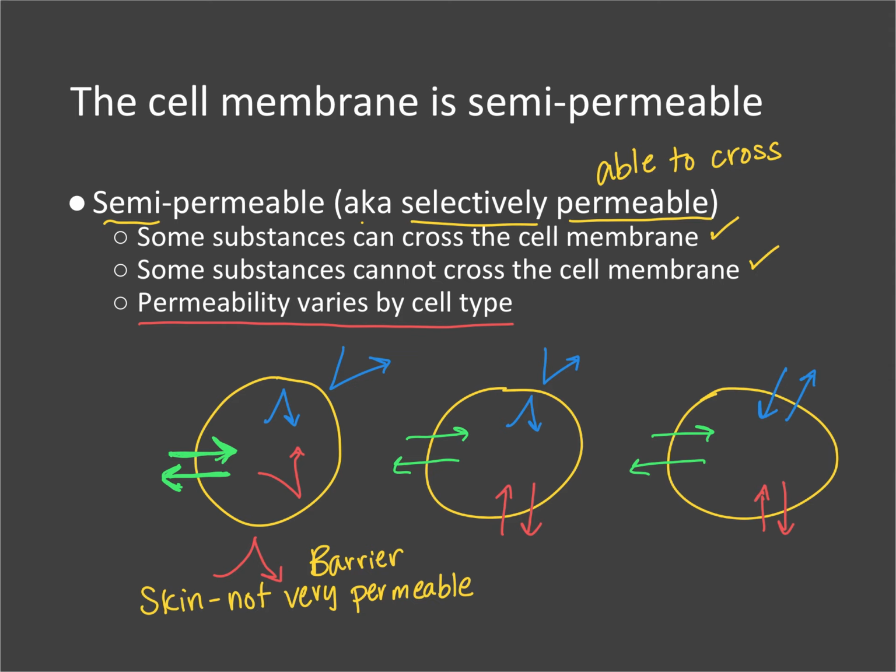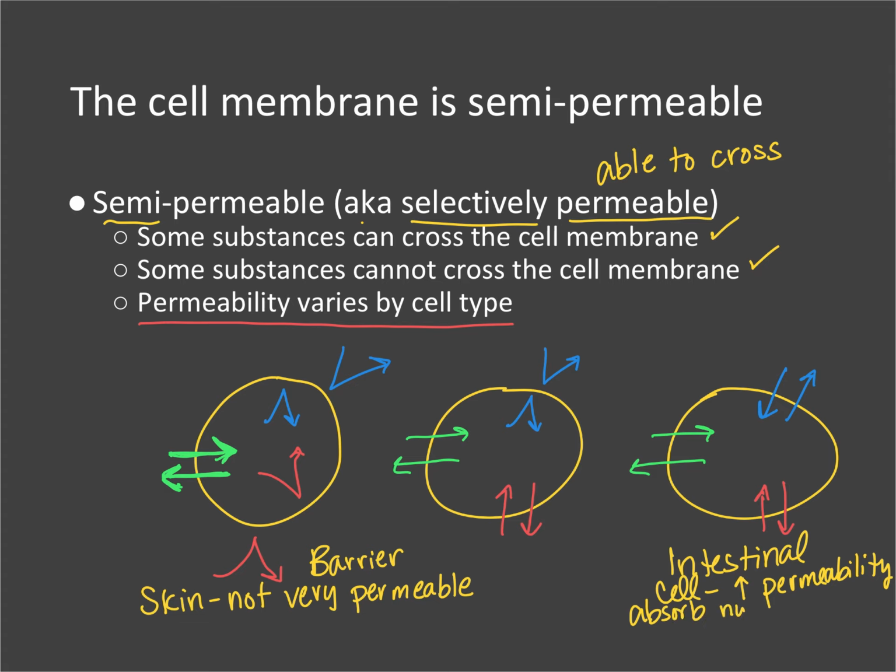But by contrast, you might have an intestinal cell. Intestinal cells have a lot of permeability because this is where you absorb nutrients into your body.